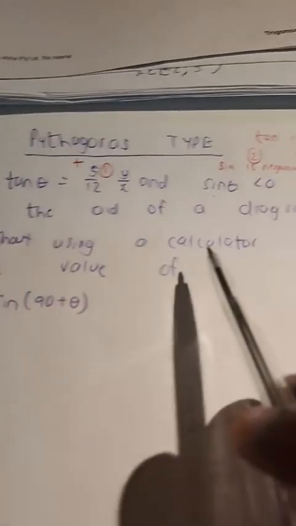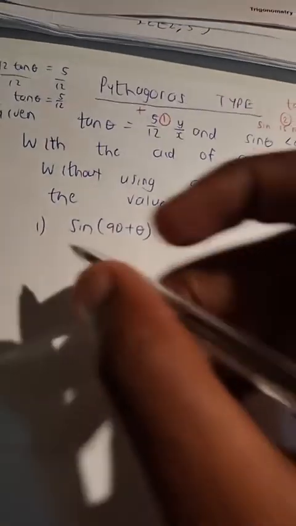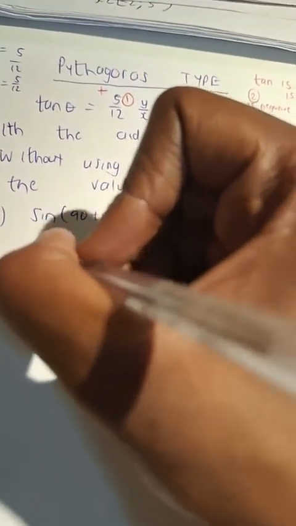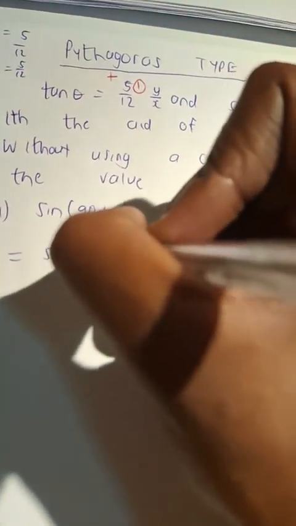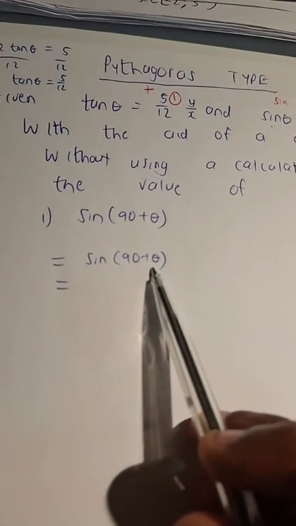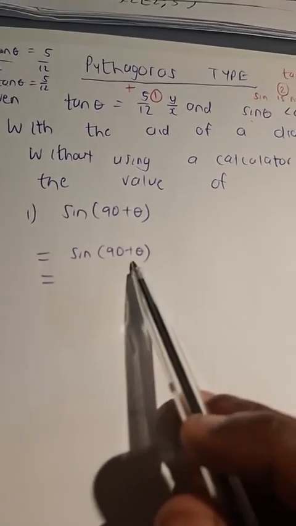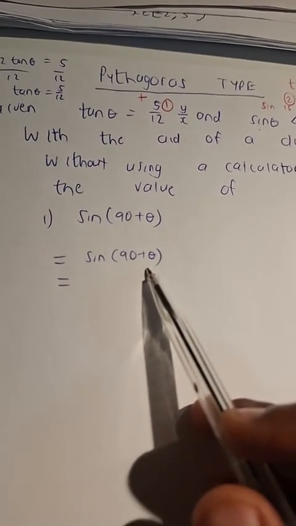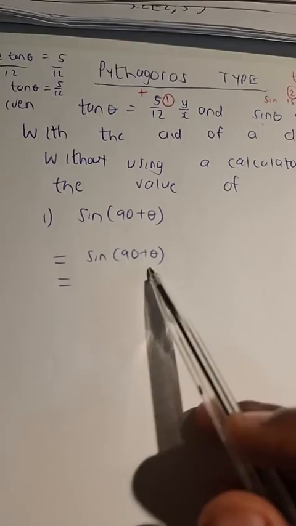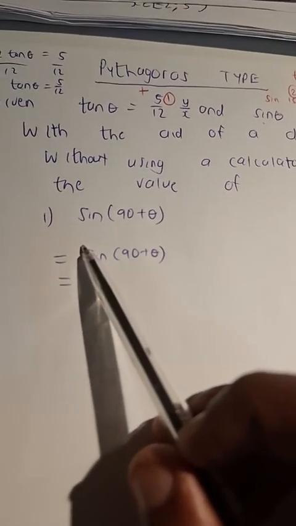Now they said, without using a calculator, determine the value of sine of 90 plus theta. Oh wow. Sine of 90 plus theta, let's evaluate this, guys. We now know how to reduce. This is what kind of function value? Is it a function value or is it a co-function value? Because remember, if it is a function value, then I don't have to worry about sine changing to cos.